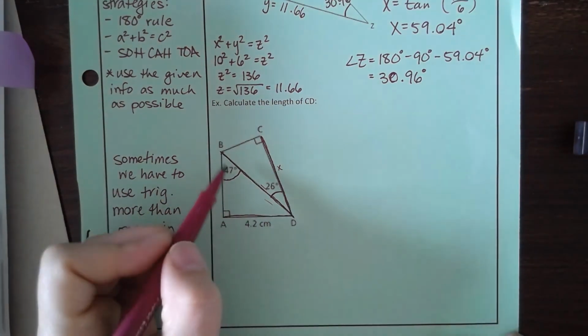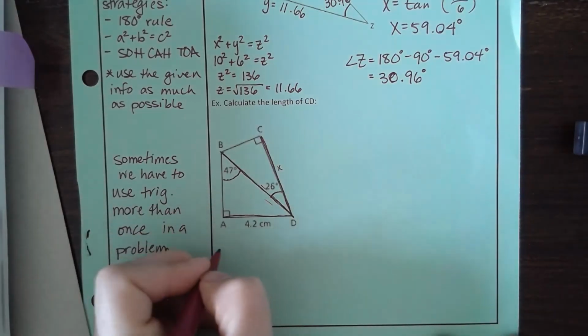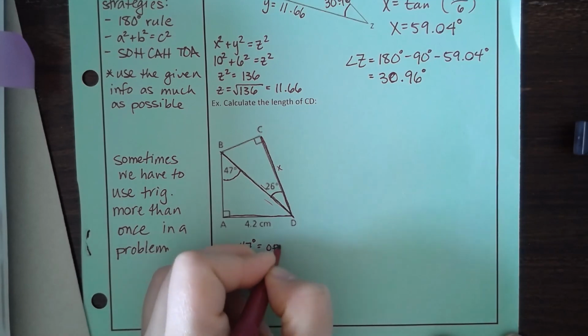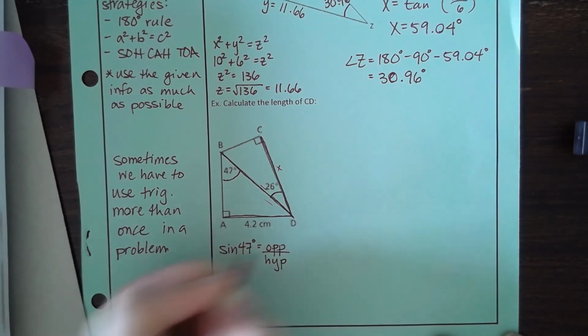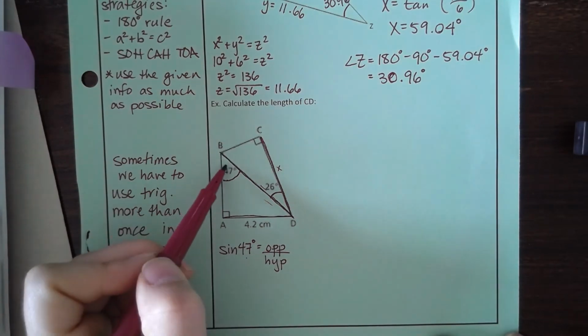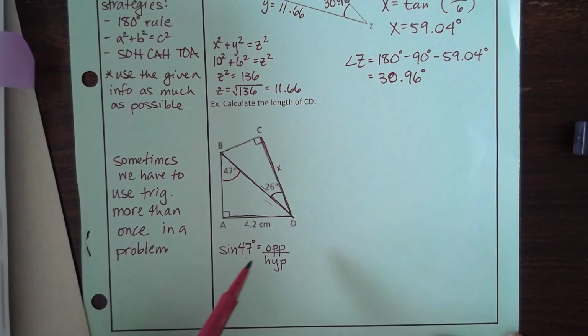So if we look, we have the opposite, and we're looking for the hypotenuse here. So we're going to use sine. I'm just going to put sine of 47 degrees equals the opposite over the hypotenuse. It's not really angle B, because angle B is this big one, or is it this part, or is it this part, right? It's kind of hard to tell. So I'm just going to be really clear here and calling it just the angle that is 47 degrees.